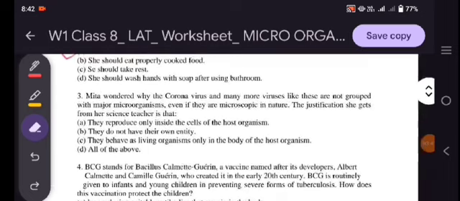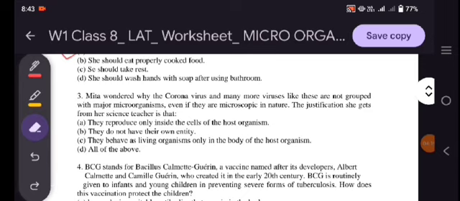Meta worried why the coronavirus and more viruses like these are not grouped with major microorganisms, even if they are microscopic in nature. Microscopic means they cannot be seen with the naked eyes. The justification she gets from her science teacher is that viruses are a type of microorganism which can only reproduce inside the host body, and therefore they are not grouped with the other microorganisms.